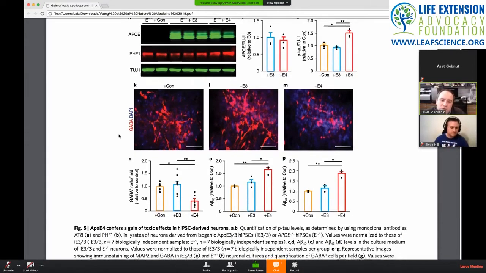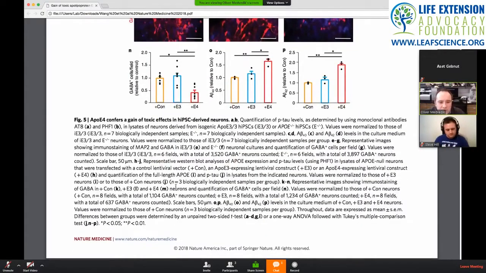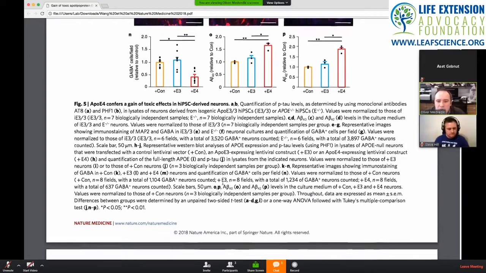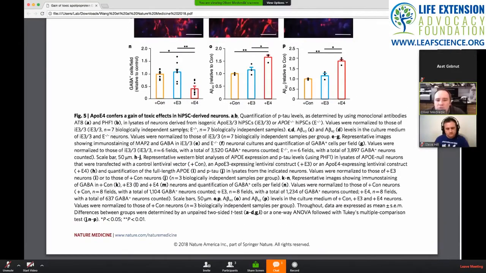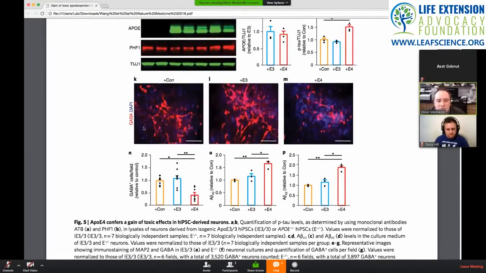So here, what they're doing is, I believe that these are already neurons, and I'm just trying to see when they transfected these cells with these lentiviral vectors. Okay, so these are already neurons, so they're not developing. They transfect them with either control, which is an empty lentivirus with no plasmid, this one with E3, this one with E4.